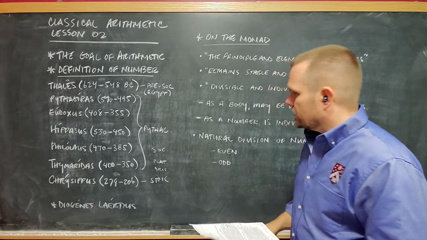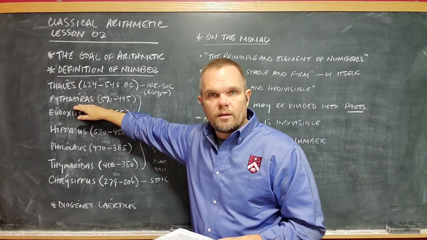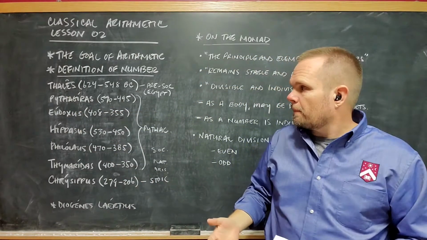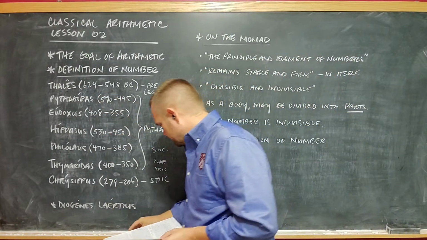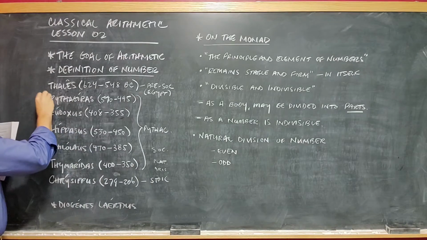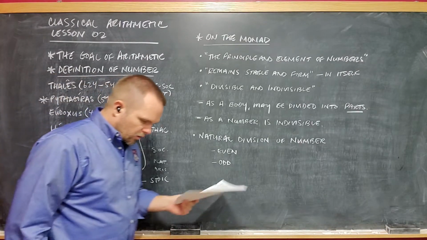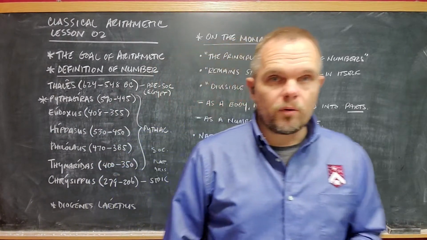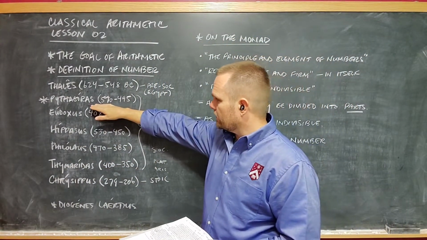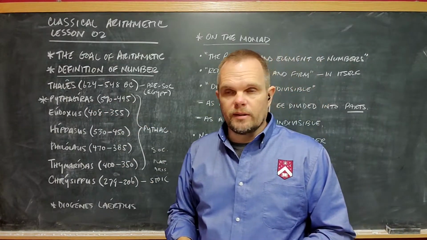Next, the second philosopher that's named in our lesson is Pythagoras. In English we call him Pythagoras. He is by far, in this list, the most important. He's the most important. He lived from 570 to 495 BC.